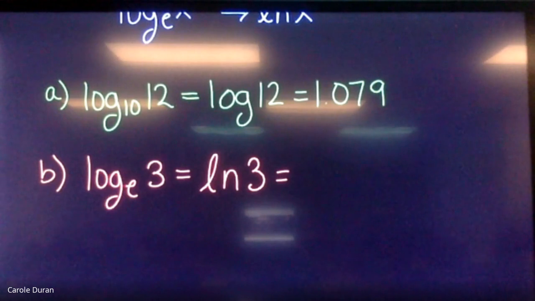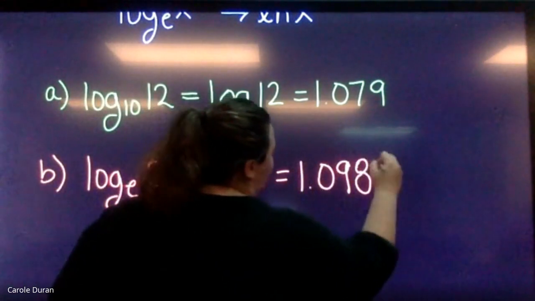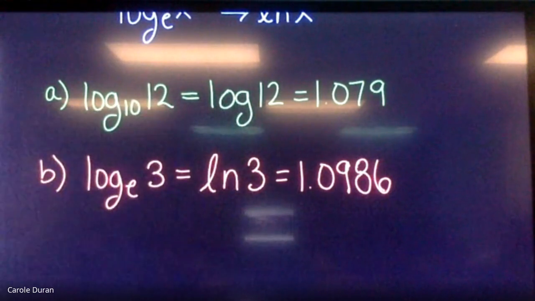I don't know what a lot of these are. That's okay. We will explore them, and some of them you will never use. So it should be approximately 1.0986. Anybody not get that? Everybody's okay with plugging a log base 10 and a log base e or natural log into your calculator? How do you round? Because you rounded two different. If I don't tell you, I'm just going to say it.